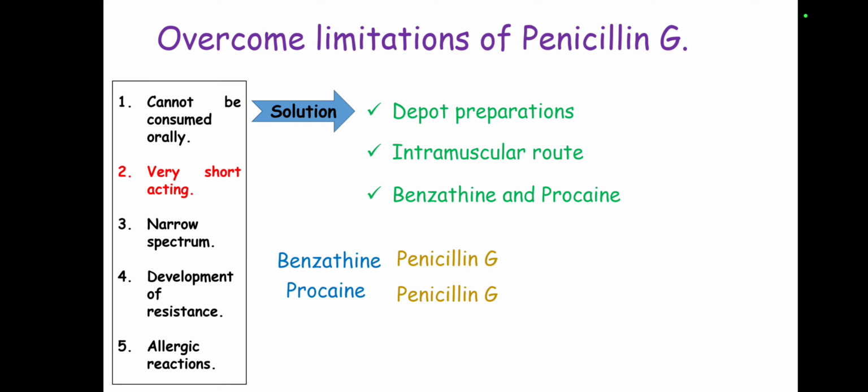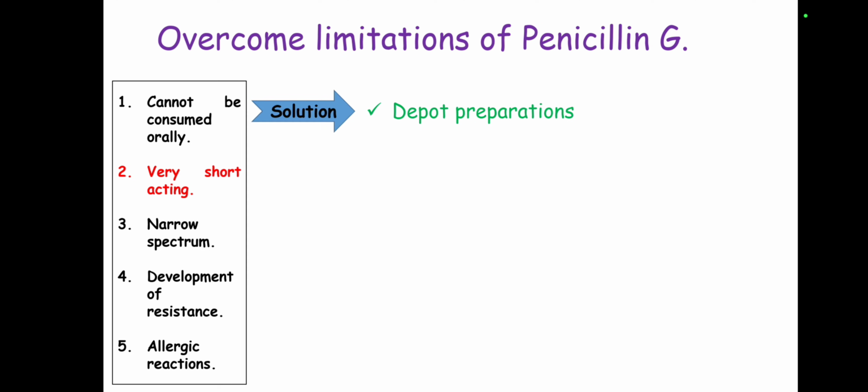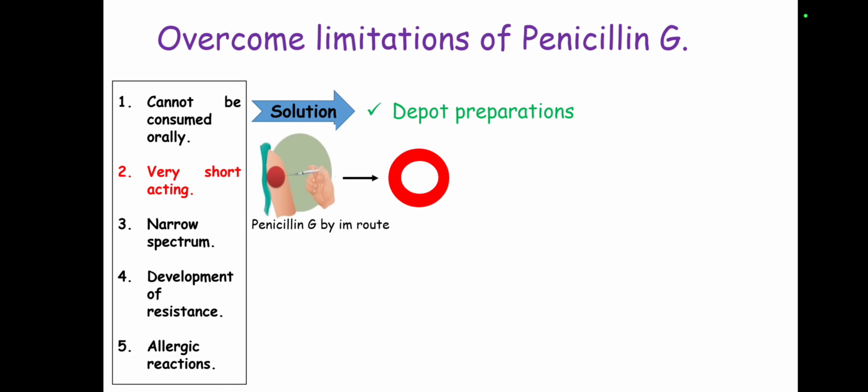Now the meaning of this depot preparation is, suppose we give nearly 1000 molecules of benzathine penicillin G by intramuscular route. So penicillin G has come here in the muscle, but it will be deposited in the muscle. See, normally if we give penicillin G alone via the intramuscular route, then almost all the penicillin G will come into the blood, and afterwards they will get eliminated out by 2 to 3 hours.